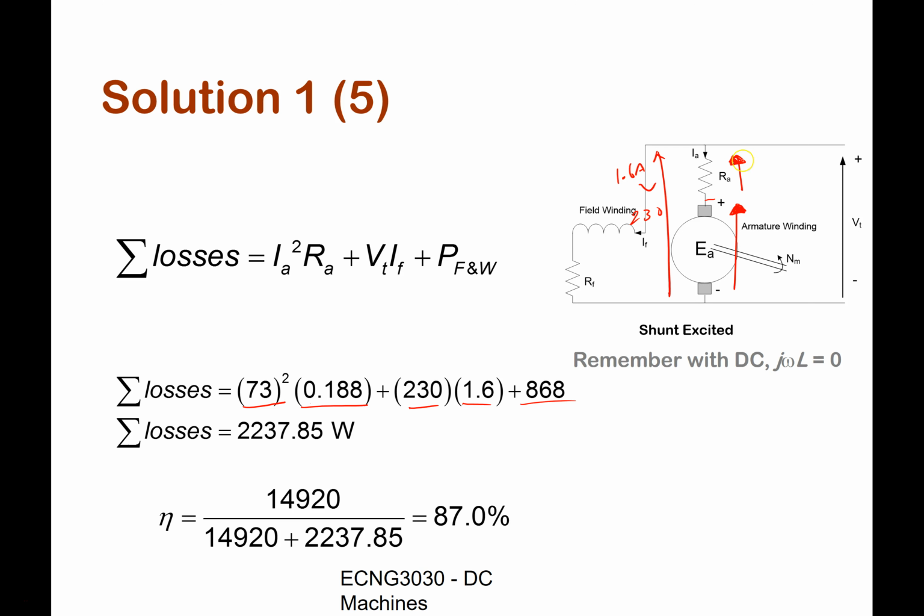So you could have said Vt minus Ea multiplied by Ia. That would also be correct as the power dissipation in the resistor. But anyway, we have I squared R plus Vf If plus the friction and windage that we calculated from before, and that gives us 2237.85. So for efficiency, output power over output power plus losses, and that gives us 87%.